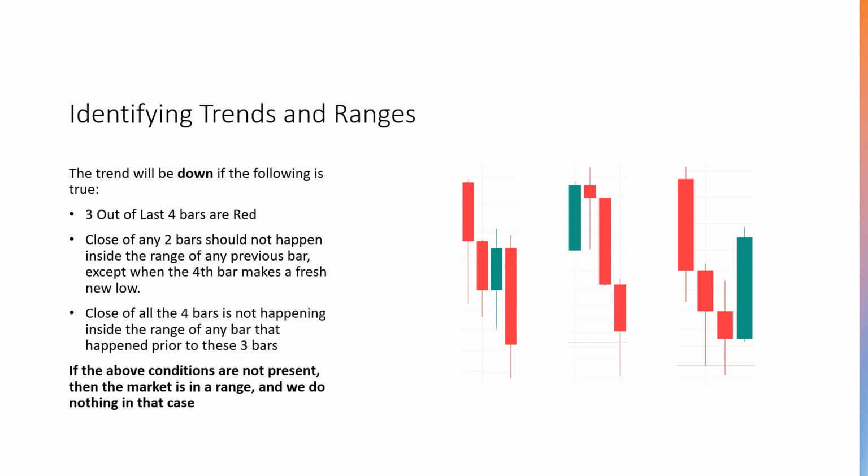I think I made it pretty clear when we were talking about the uptrend. Look at the first figure on the left-hand side. Two bars have closed within the range of the first bar, but the fourth bar made a fresh new low. That's what I'm talking about in the second criteria. Only then are two bars allowed to close within a candle and the trend still be on the downside.